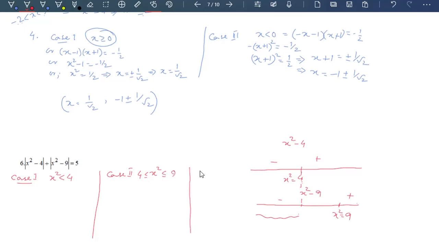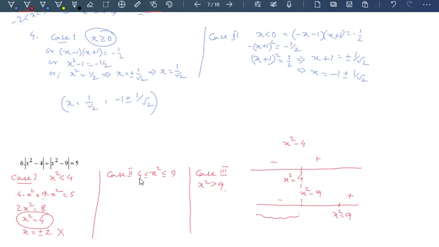And case 3, x square is greater than 9. In the first case, x square is equal to 4 you cannot take, because x square is less than 4. So this value will not be taken.